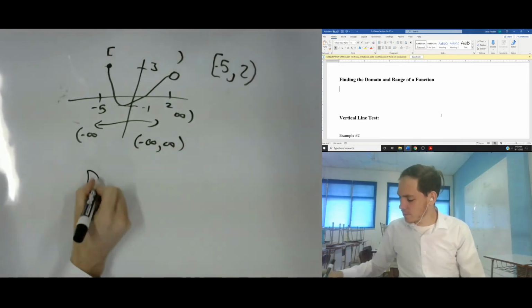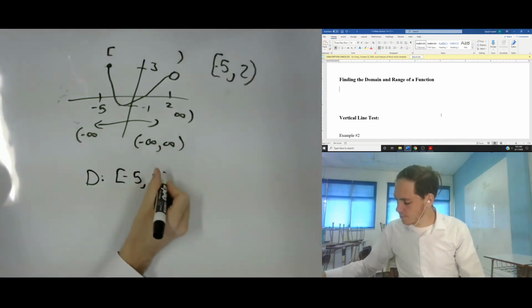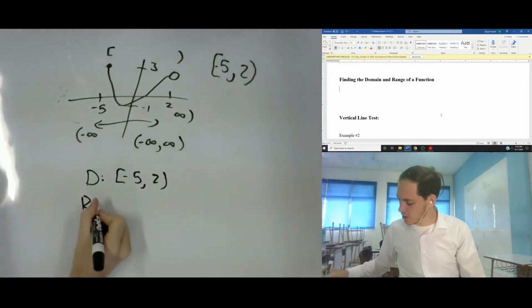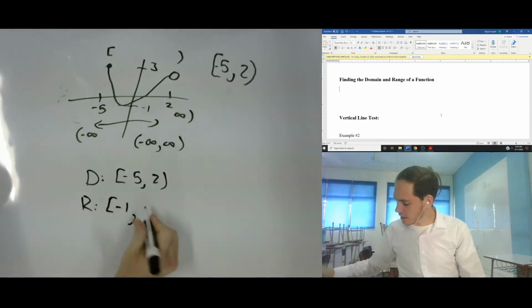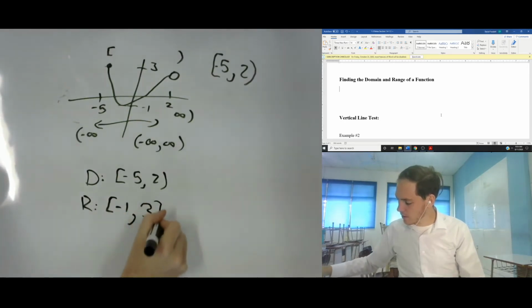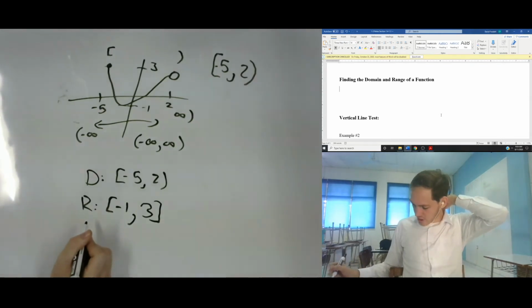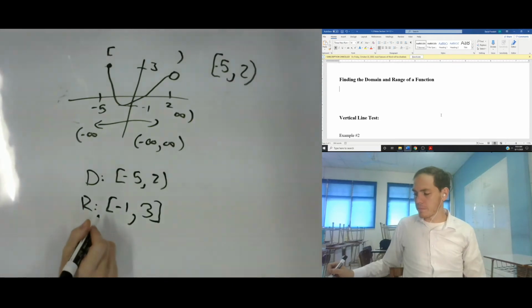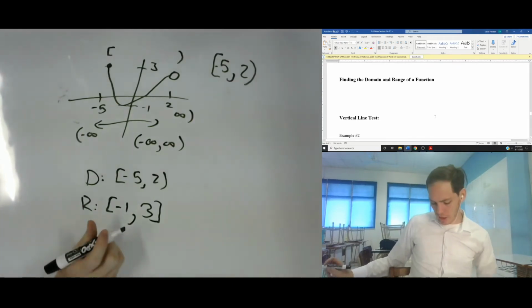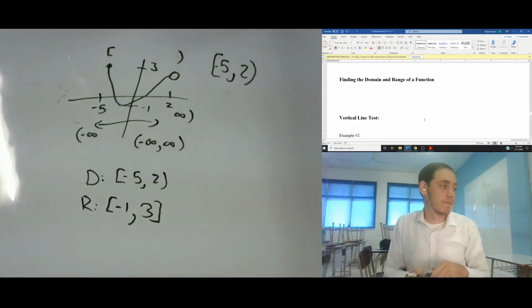So our domain is -5 to 2, and our range starts at -1 and goes up to 3. So that would be our range, and you could write it like this. Can you write it another way? If you have another way, you can suggest it.